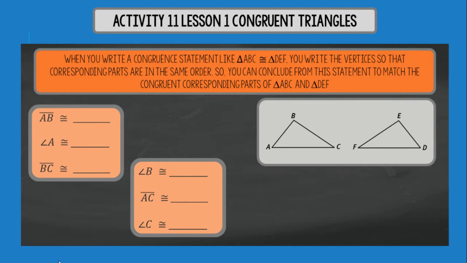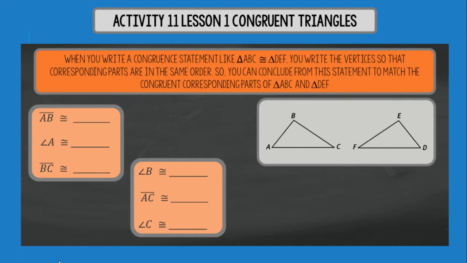And the reason for that is because if I say line AB is congruent to blank, you're going to look at the position that AB is in. Notice that AB is in the first and second position of this triangle. So it has to be the same as the corresponding side on the other triangle. So if AB is in the first two places, it's the same as whatever is in the first two places over here.